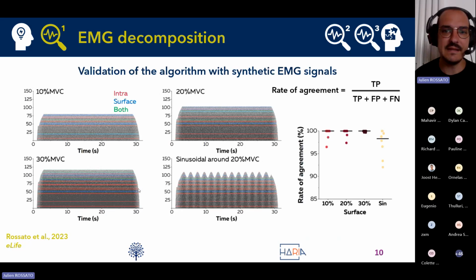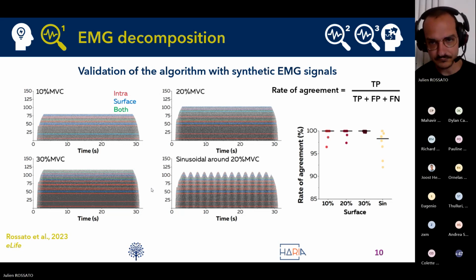We validated this algorithm with synthetic electromyographic signals. You can see here a raster plot of active motor units during a simulated trapezoidal contraction, either at 10% of MVC, 20% of MVC, 30% of MVC, or during a sinusoidal contraction with the force varying between 15 and 25% of MVC.